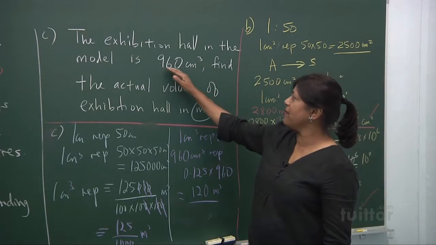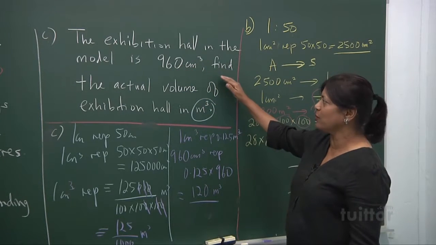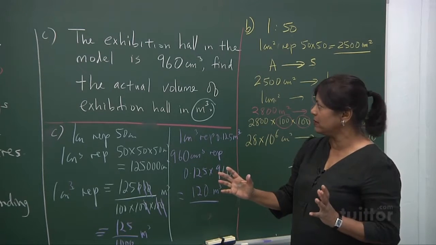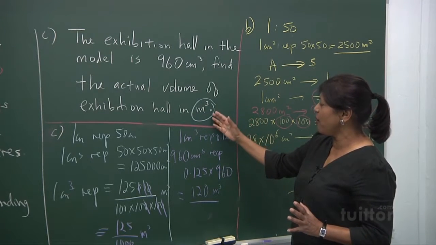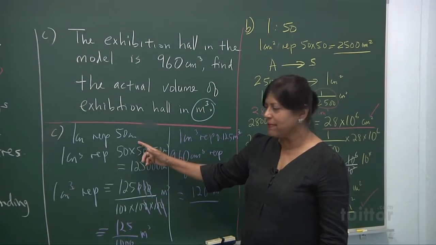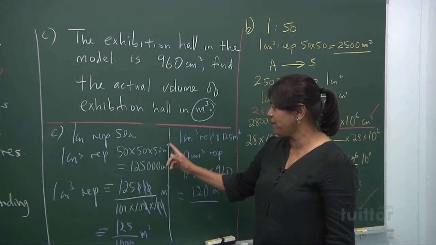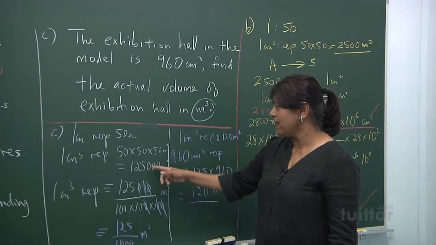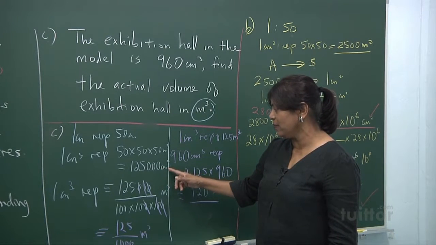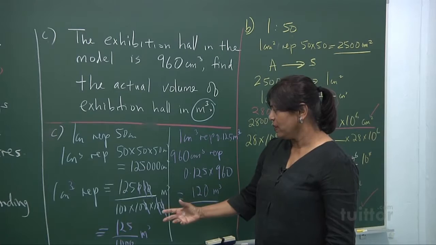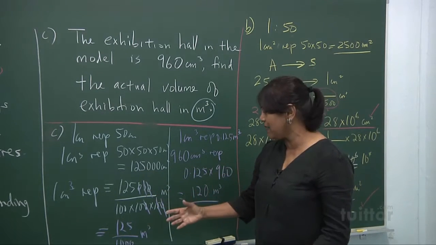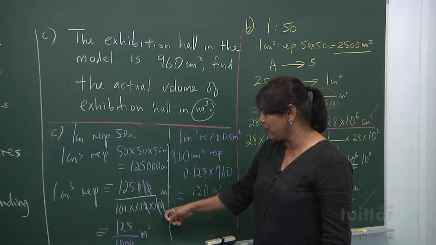Now, we look at the exhibition hall again. We got 960 cm cube, the volume of that model, and the actual volume of it in meter cube. Now, 1 cm represents 50 cm. 1 cm cube is 50, 50, 50. You get 125,000 cm cube. You want to change it to meter cube. You see the number looks so big here. When you change to meter cube, they are the same size actually, just another unit of measurement.